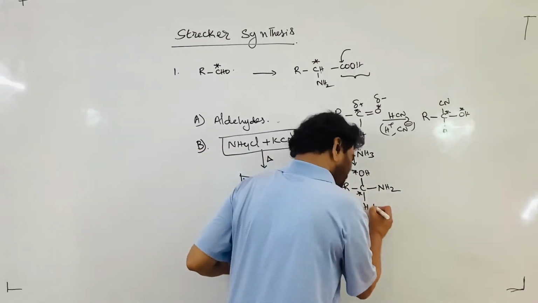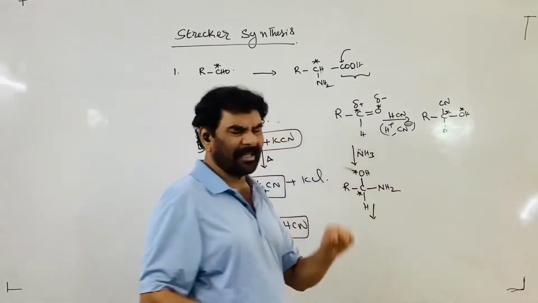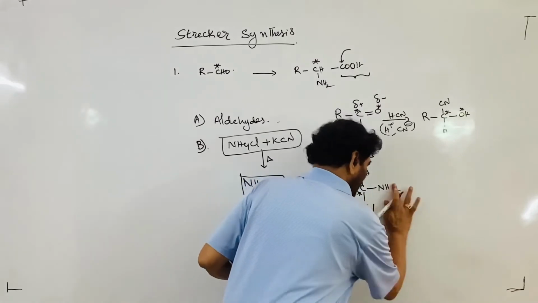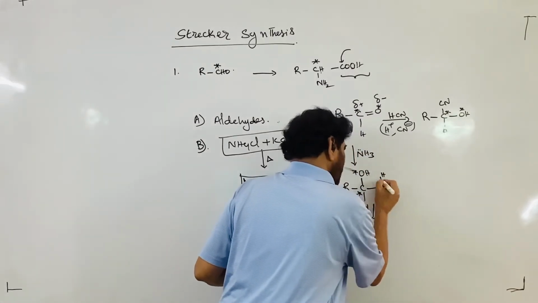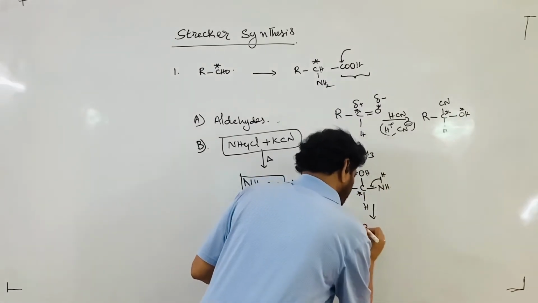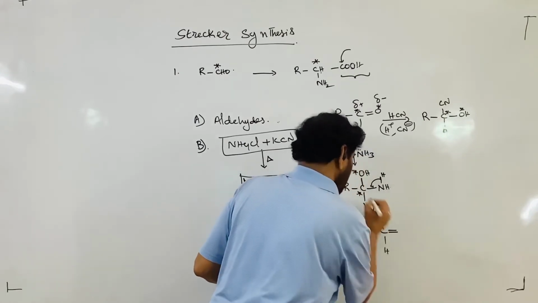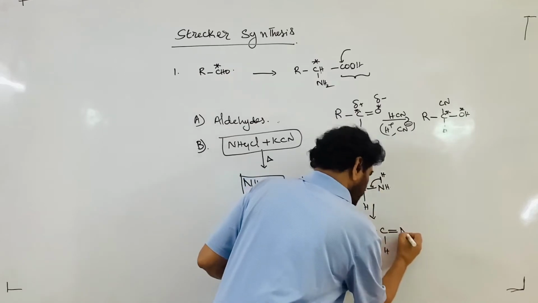This is an unstable compound, since OH and NH2 cannot exist on the same carbon, and elimination of water takes place, and an imine is formed with a C double bond NH.